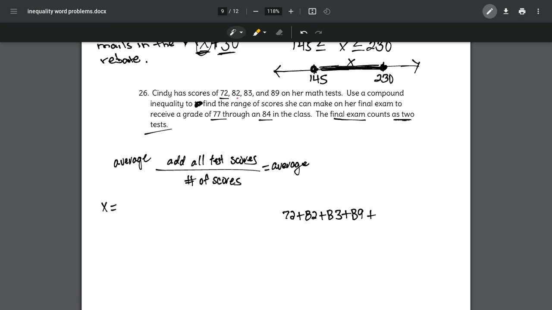So we'll let X be the final exam score. But it counts as two, so you can do X plus X, or you could just put 2X if you wanted to. And divide it all by 6. 1, 2, 3, 4, 5, 6 tests, divided by 6. But she needs her grade to be anywhere from 77 through 84. So you're going to write it like this.